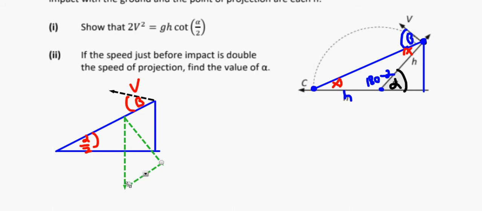Just doing past mock papers in every question helps. So this is gravity, and this will be g cos alpha over 2. This will be g sine alpha over 2. And there's my alpha over 2 that I was looking for so badly. Still not sure where my beta is going to go. We'll figure that out later.